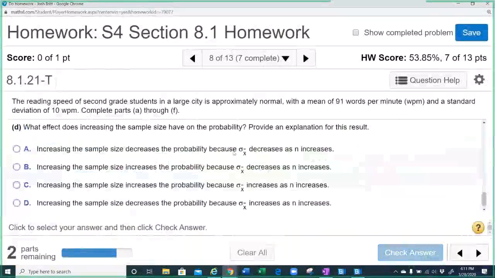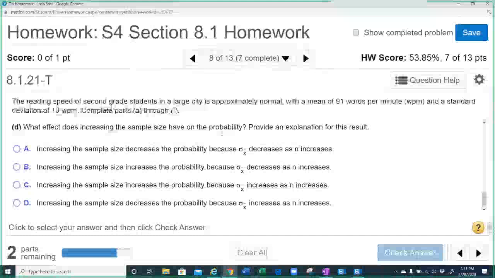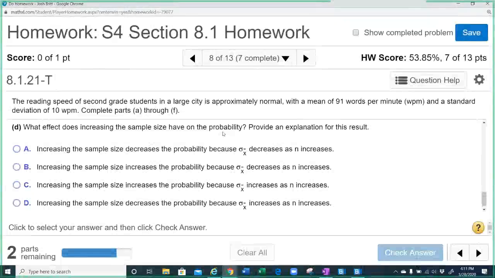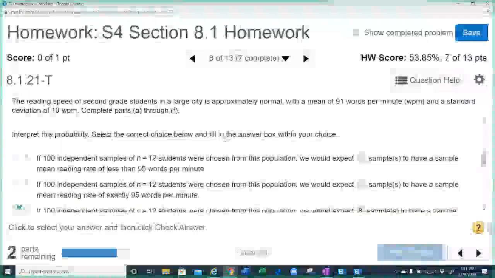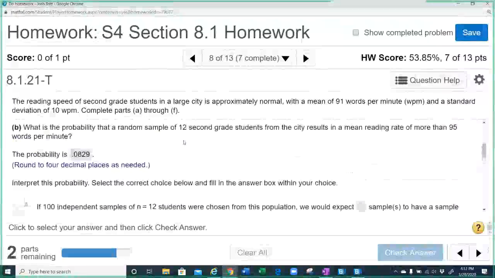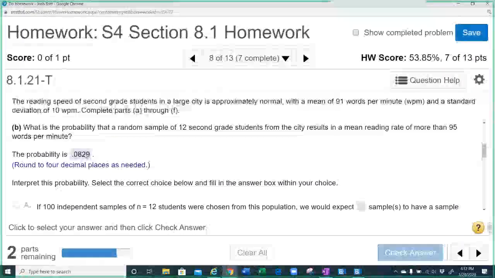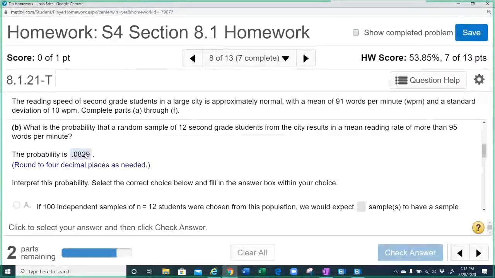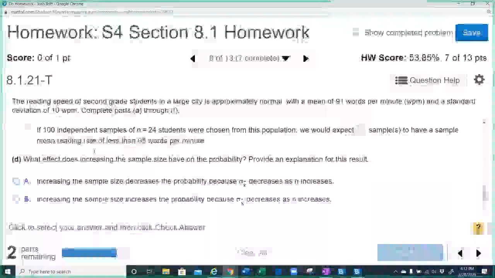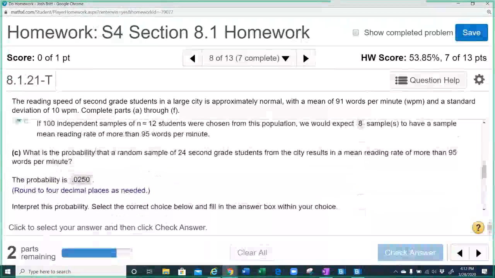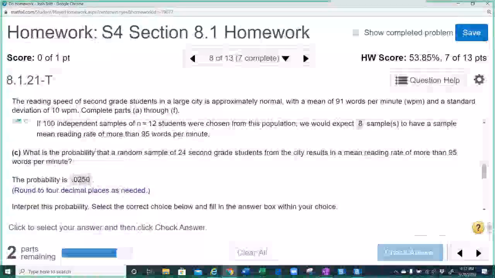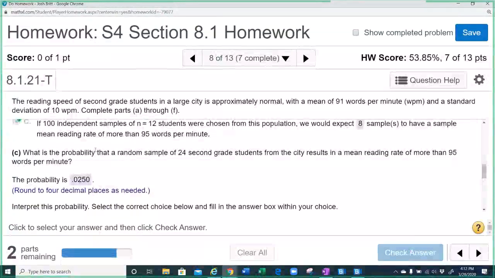All right, and so what does increasing sample size have on probability? So let's see here. Sample size of 12, the probability was 0.08, and then sample size of 24, the probability went to 0.02.